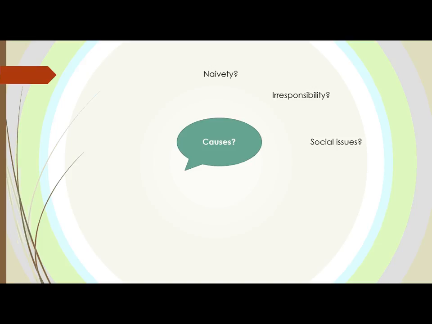Are there social issues that cause suffering? Actions of other people causing suffering? Is the suffering situational? It's because people are in a particular situation that they suffer. Is it an issue of injustice that leads to suffering? Is it the judgmental attitudes of other people that lead to the suffering of somebody? Or is the suffering self-inflicted?